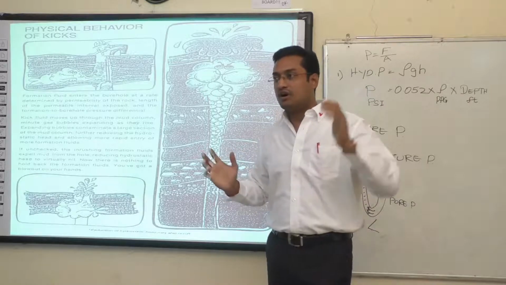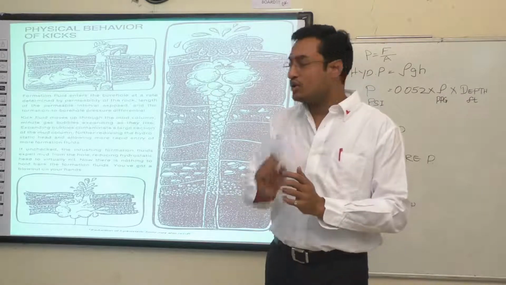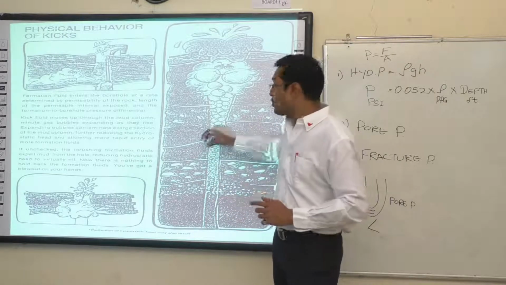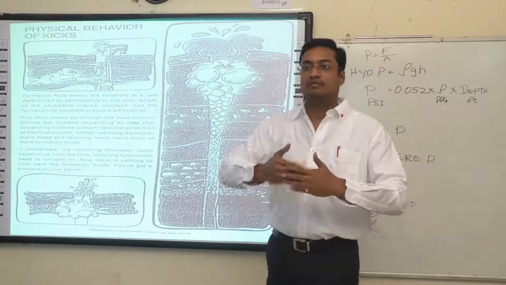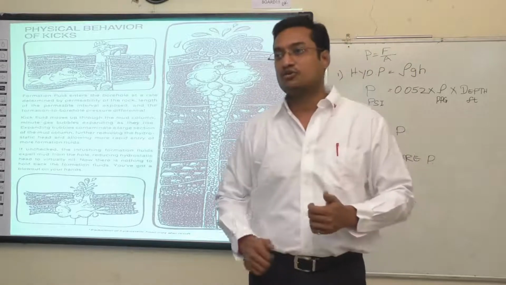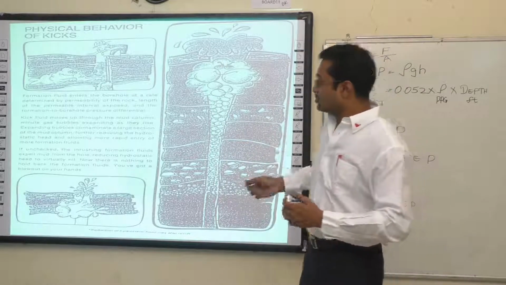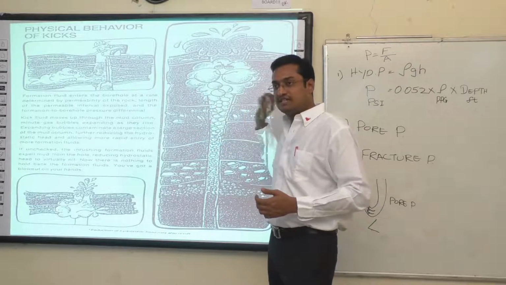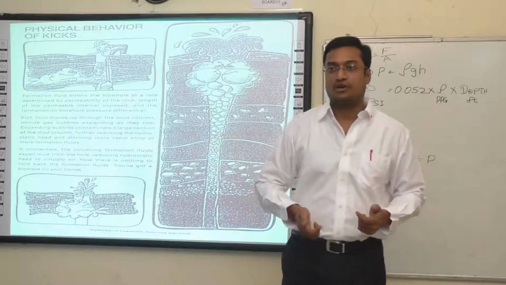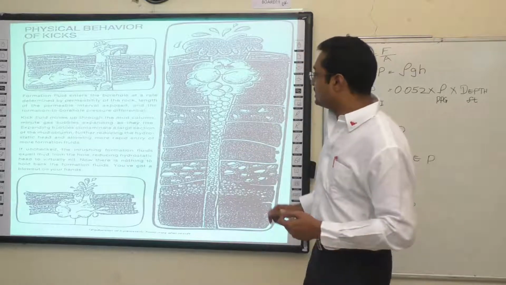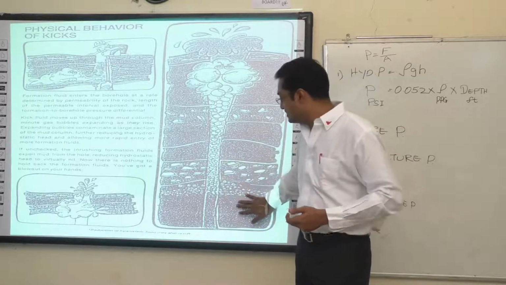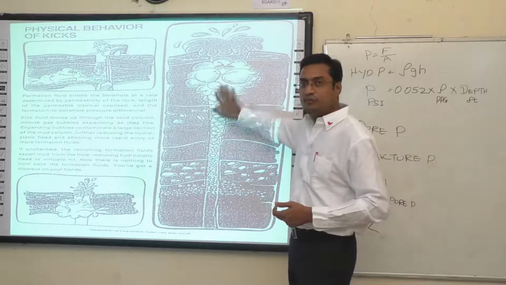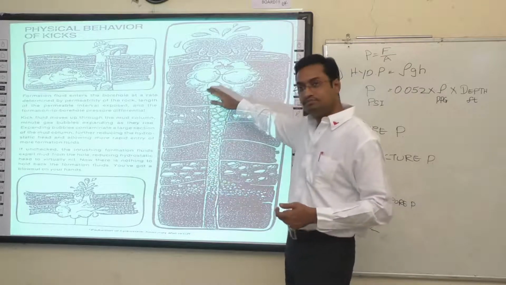And because of the high compressibility, when you get a kick, it starts expanding more and more and aggravates the well control situation very quickly. So if it is a water kick, it is easy to control. If it is a gas kick, it is going to be difficult to control. So you need to understand how gas getting into the wellbore is going to behave when it is traveling up.